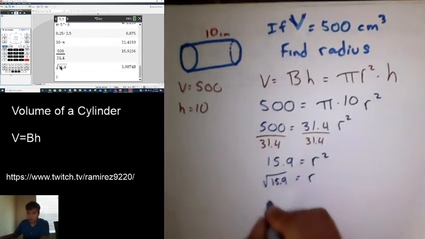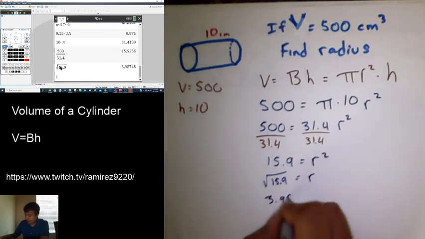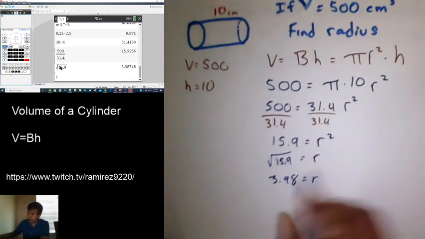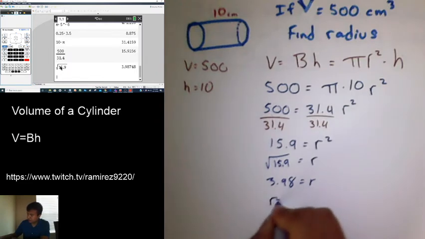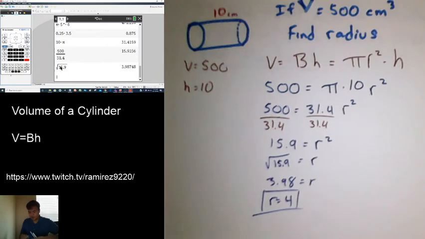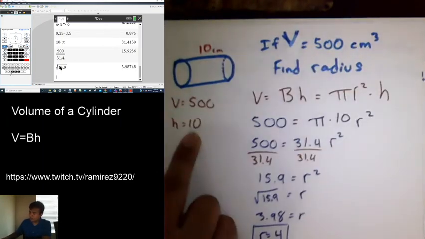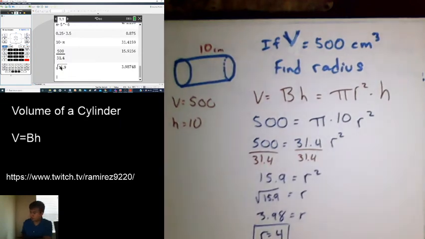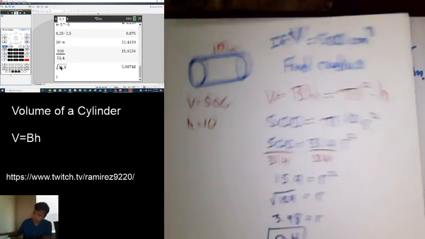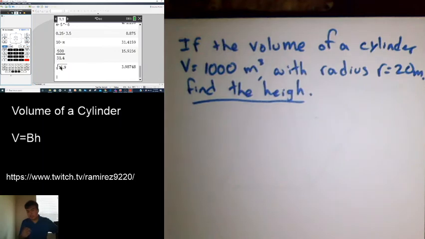Notice the answer is 3.98, so we could pretty much say our radius is just 4. This is perhaps the harder problem in a cylinder, just because you have to do a square root in the end. Not too bad. Everything that was given, I wrote down, I substituted, and I just did algebra. That was it.